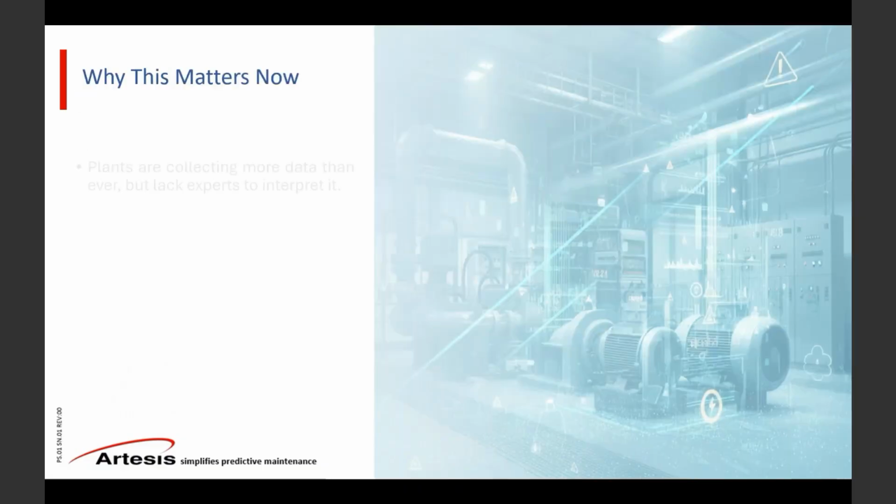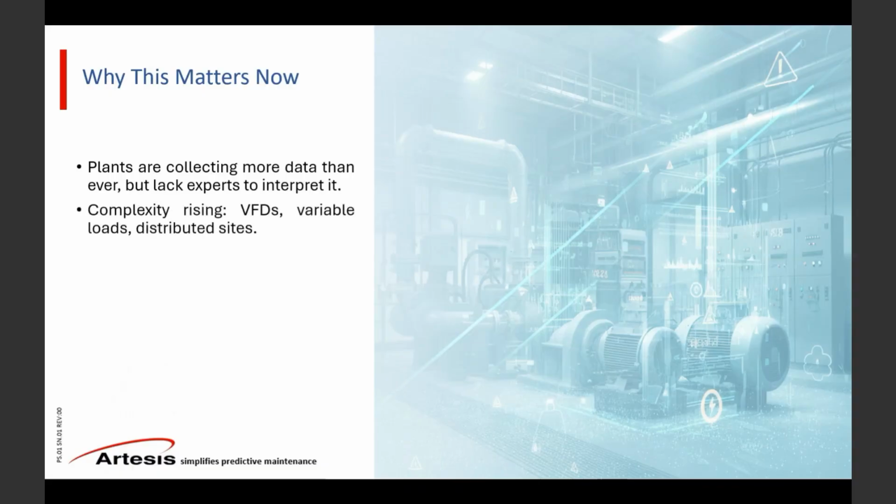So if you look at what maintenance and reliability teams are dealing with in day-to-day operations today, the message is pretty consistent. They'll say we've got more data than we ever had, and somehow we have less time to actually interpret it. And the equipment environment isn't getting any simpler either.